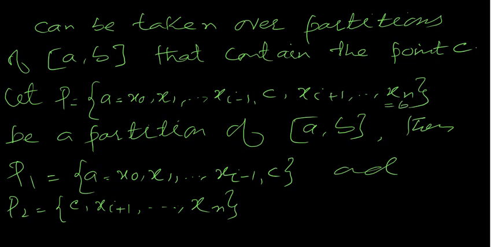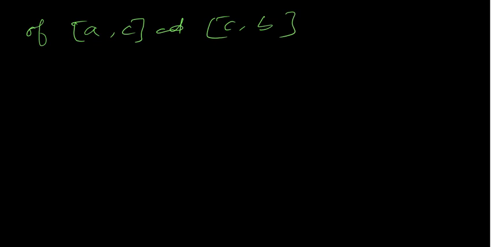Then these are the partitions of AC and CB, and conversely if we have a partition of AC and CB, then we will get the partition of AB.